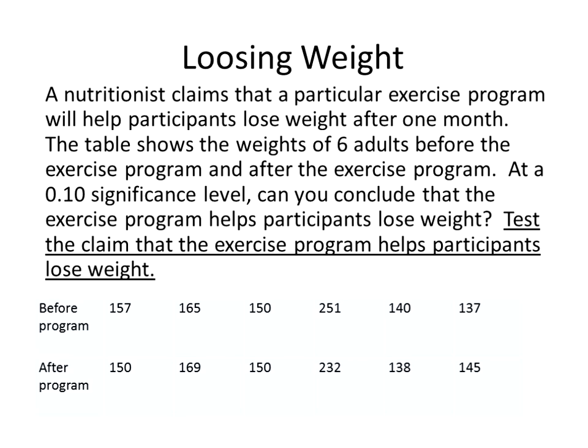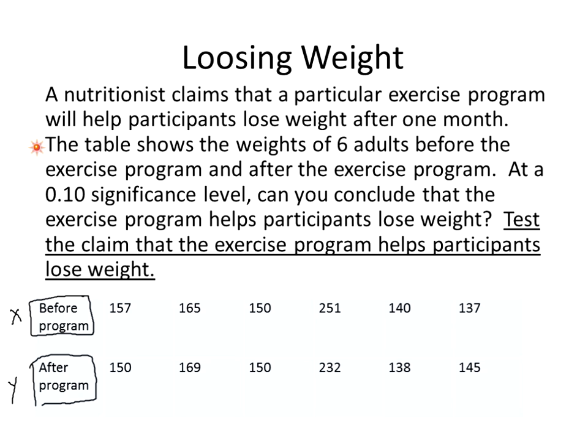Okay, so here's an example. And so notice that the way that this information's been given to you, it clearly tells you what the before data is and what the after data is. So I'll call the before data X and the after data Y. So we have a nutritionist, and a nutritionist claims that a particular exercise program will help participants lose weight after 1 month.